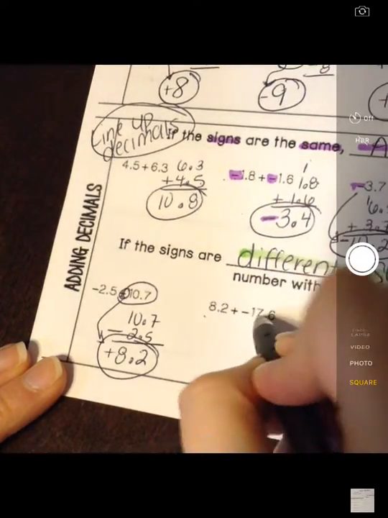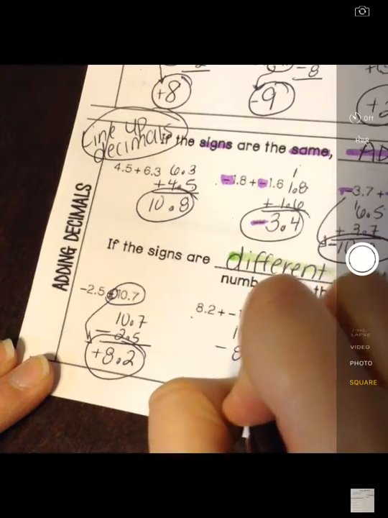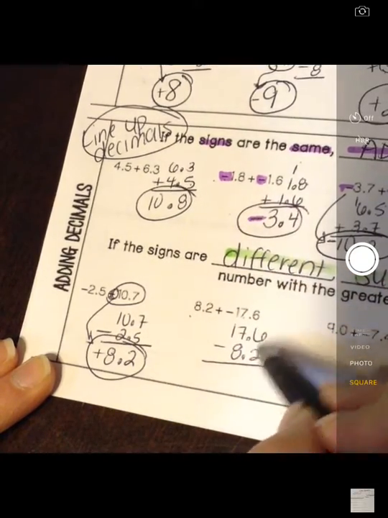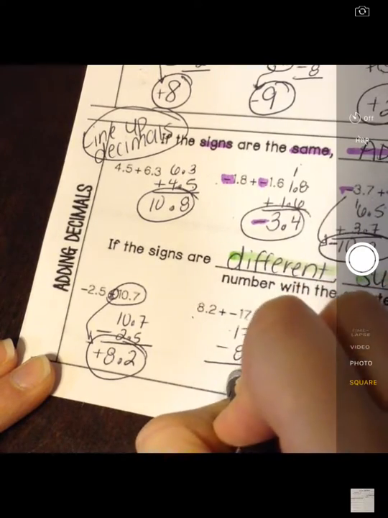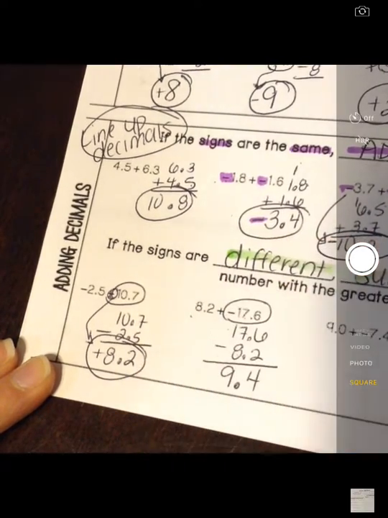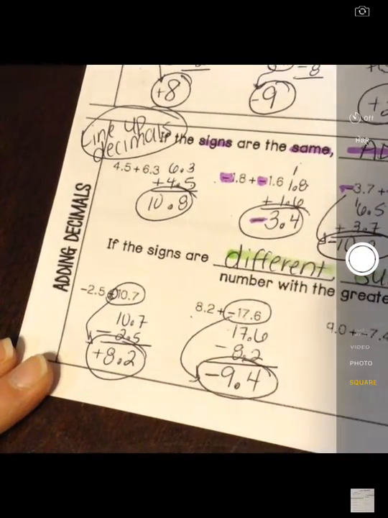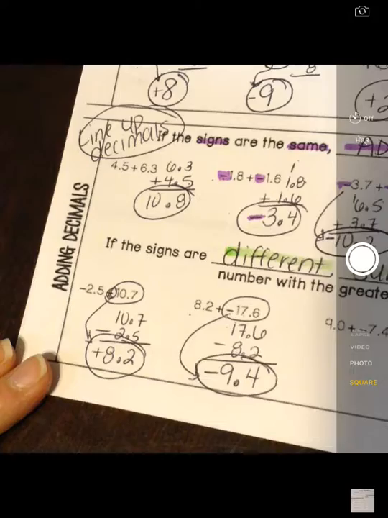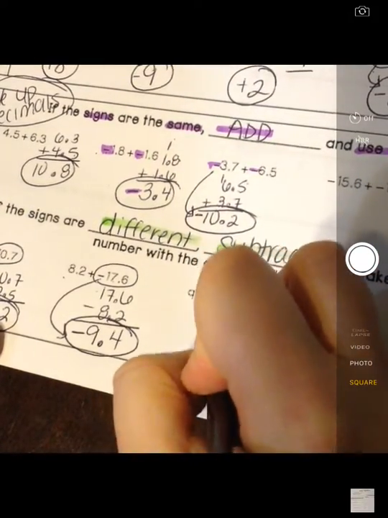Go to the next one, different signs. So subtract. 6 minus 2 is 4, decimal. 17 minus 8 is 9. This one has the higher absolute, so it makes it negative. Different signs, so we subtract.